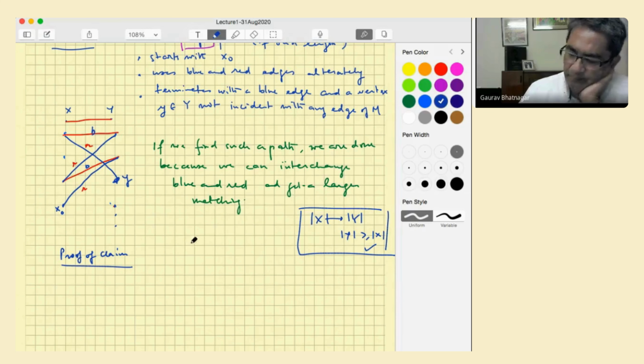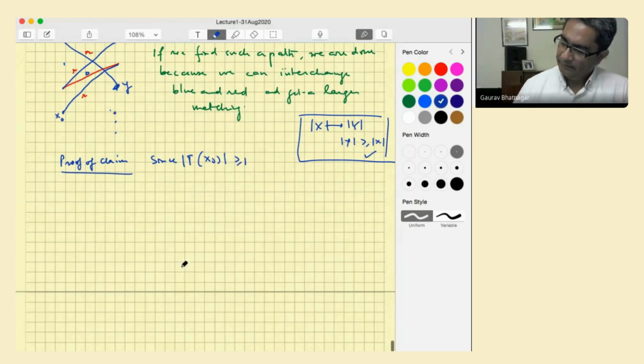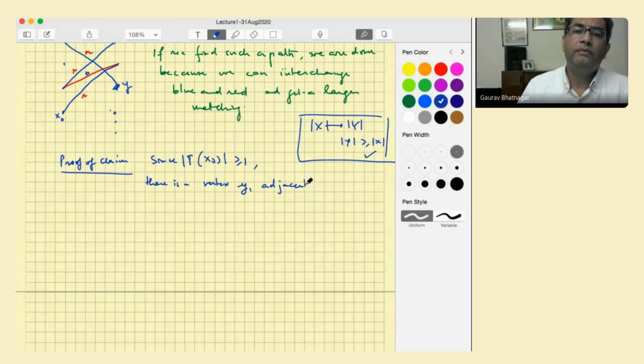First of all, since gamma of x naught is bigger than or equal to 1, there is a vertex y1 which is adjacent to x naught.